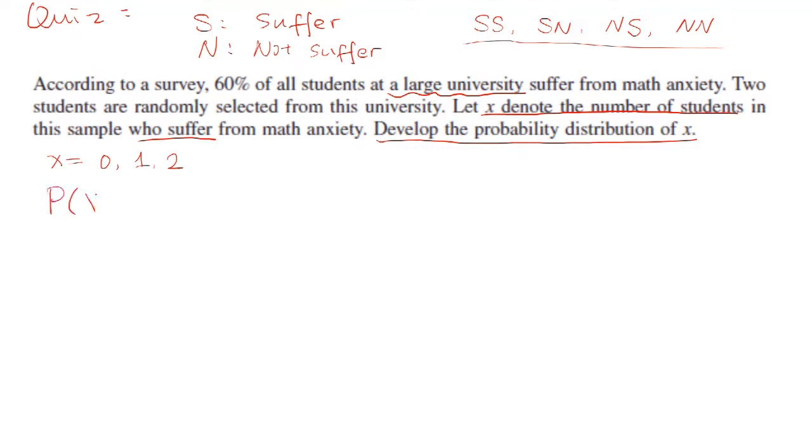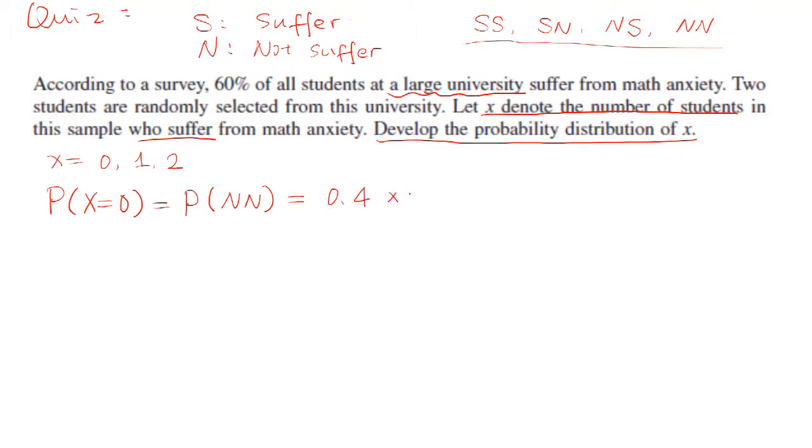Okay, so first, we can calculate the probability of X being 0. That means none of them suffer from math anxiety, right? That means the probability of none of them suffering. With the first student not suffering math anxiety, the probability is 0.4, right?